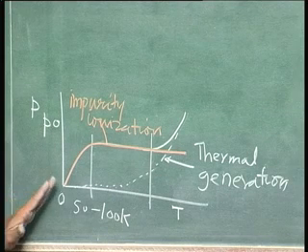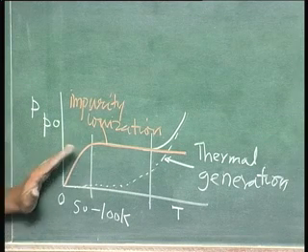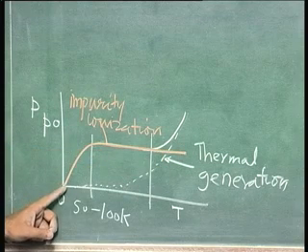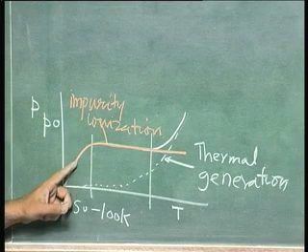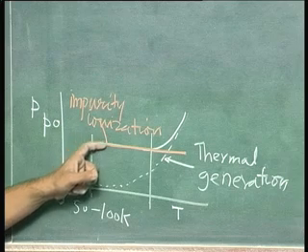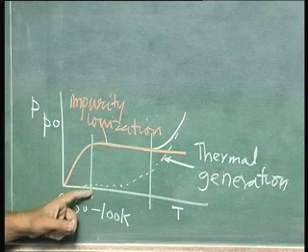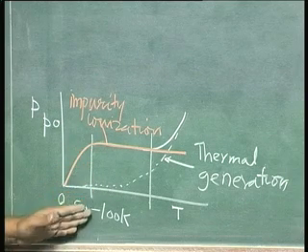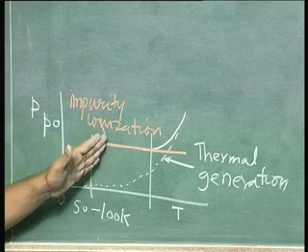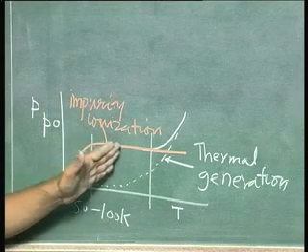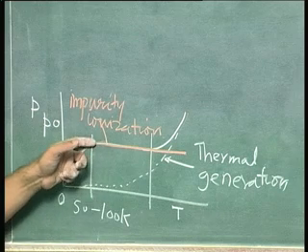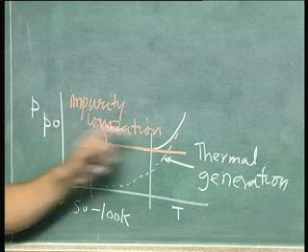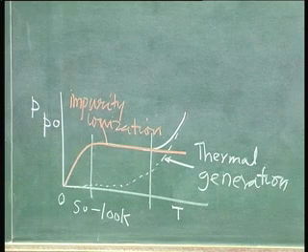Here you will have impurity ionization, boron atoms getting ionized, and ultimately almost fully ionized within a range of 50 to 100 K, which is much lower than room temperature, and then saturation. So impurity ionization is saturated here, Na minus by Na.